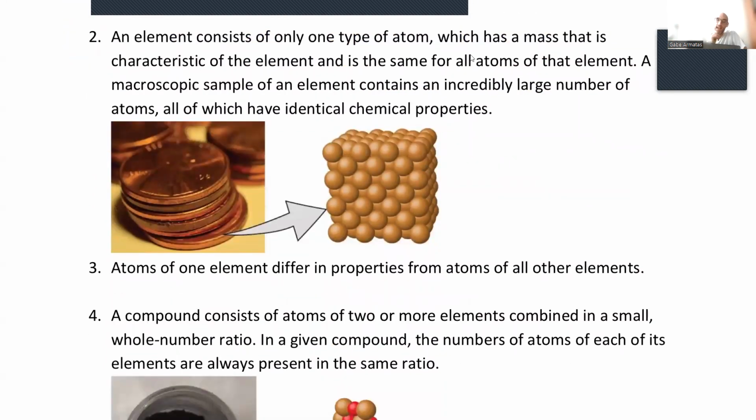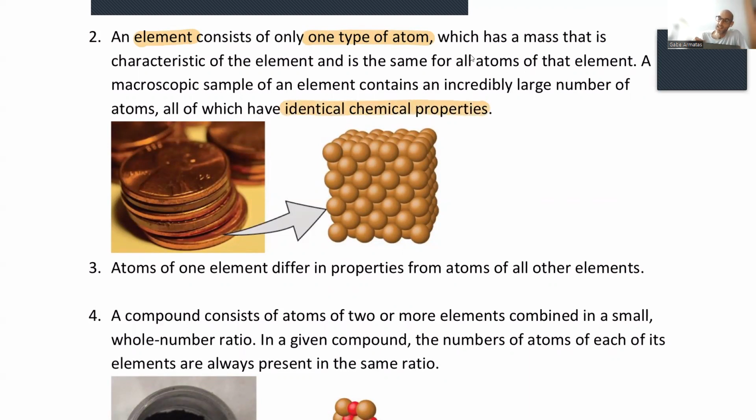Two, he said that elements, atoms of one specific type, which is an element, have a mass that is characteristic of the element and is the same for all atoms of that element. And they have identical chemical properties.